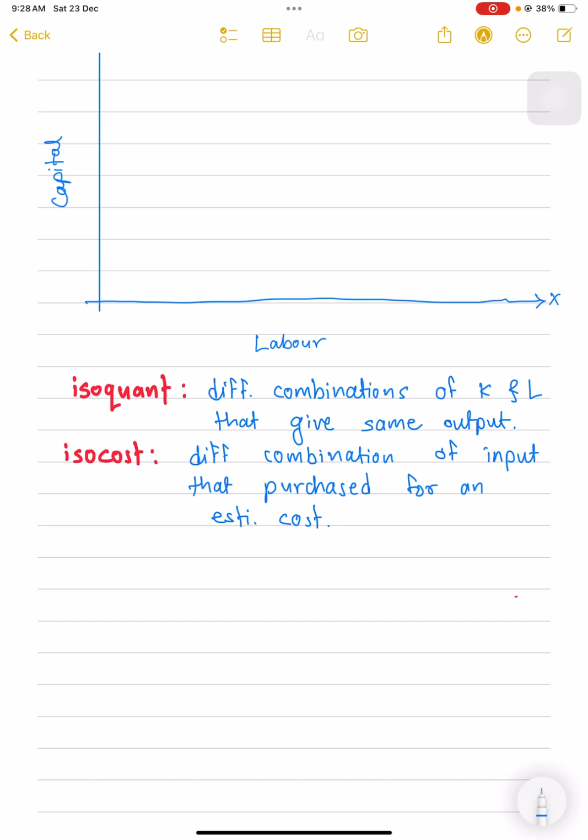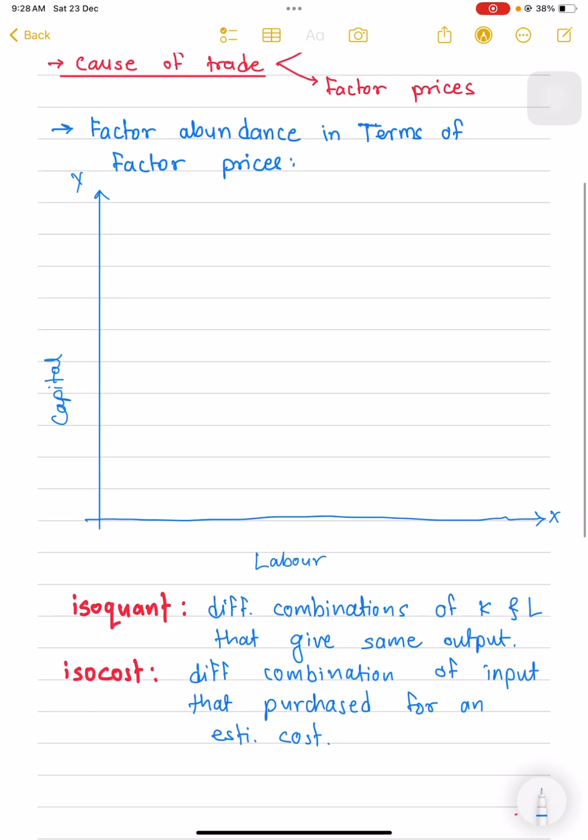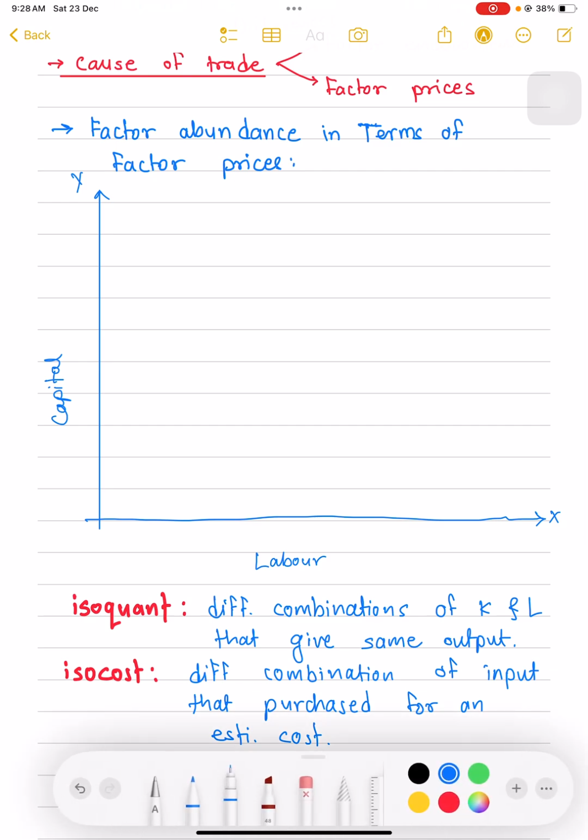The cost of purchasing inputs, that is the isocost line. It's just like a budget line, from the point of view of a producer. Okay, now we will draw the x and y axis.